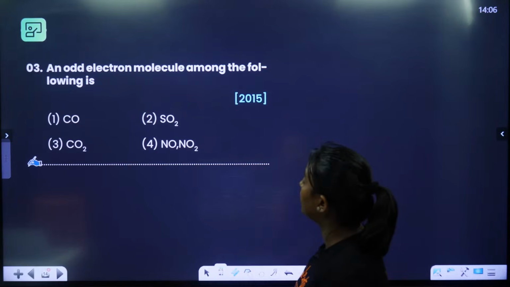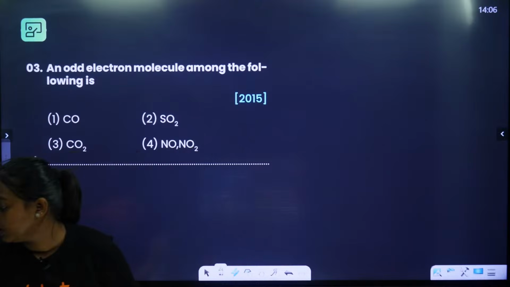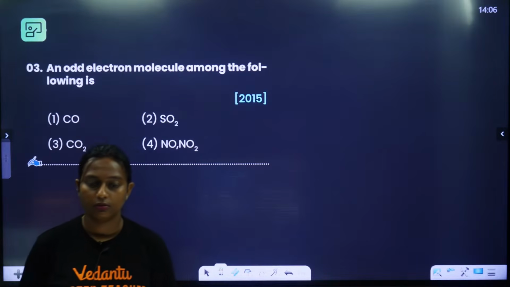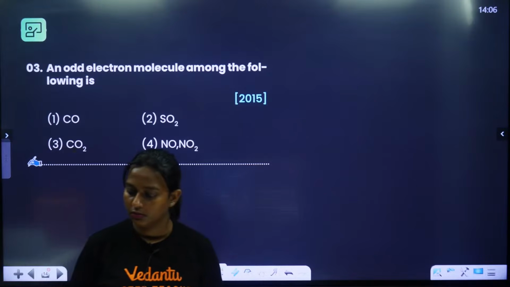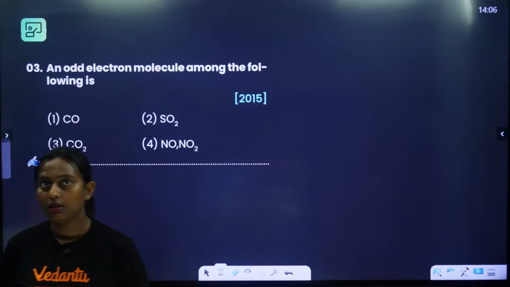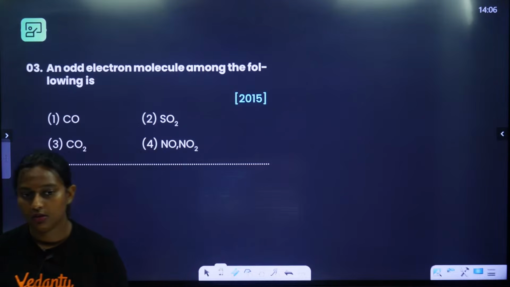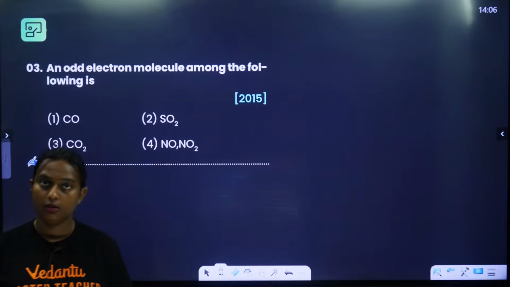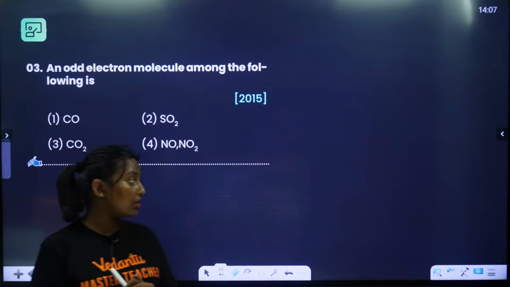An odd electron molecule among the following is... So tell me what is the correct answer?